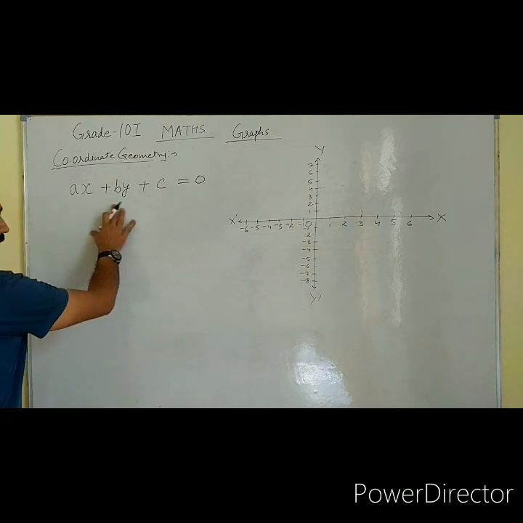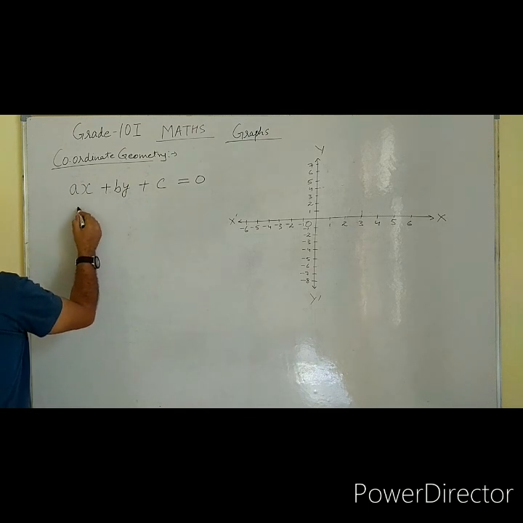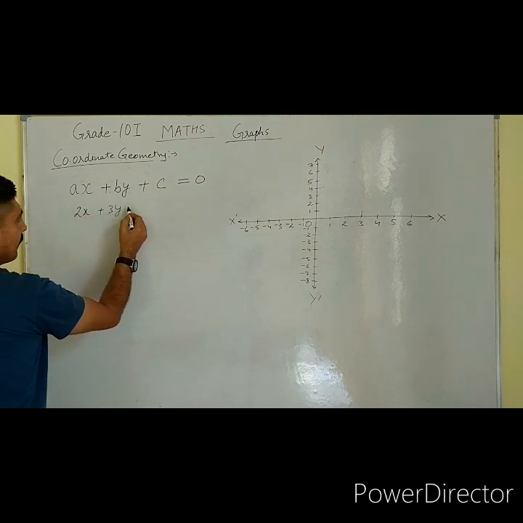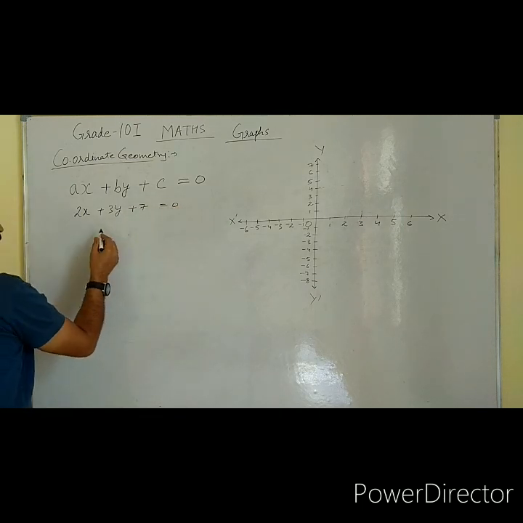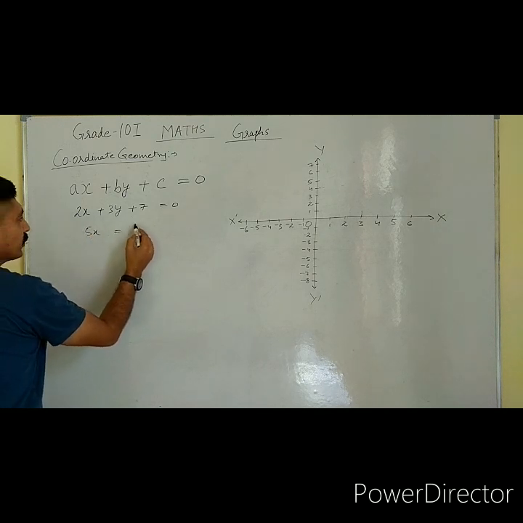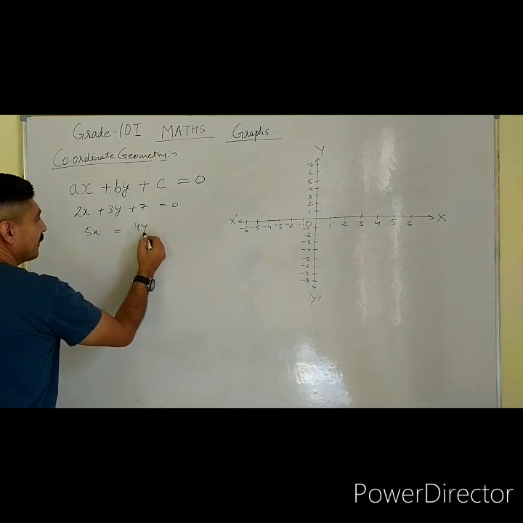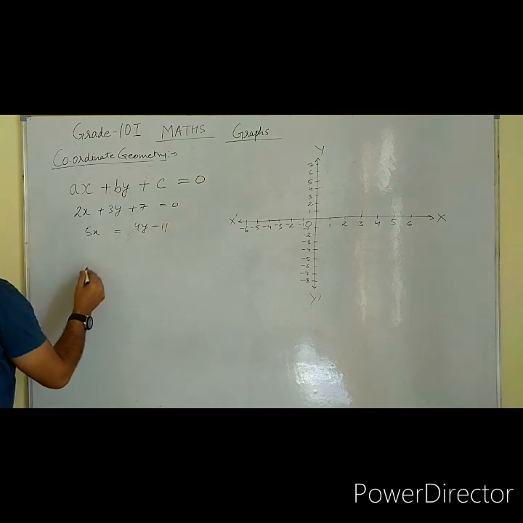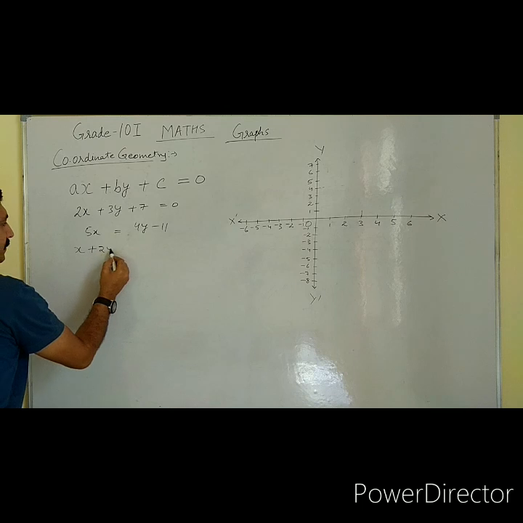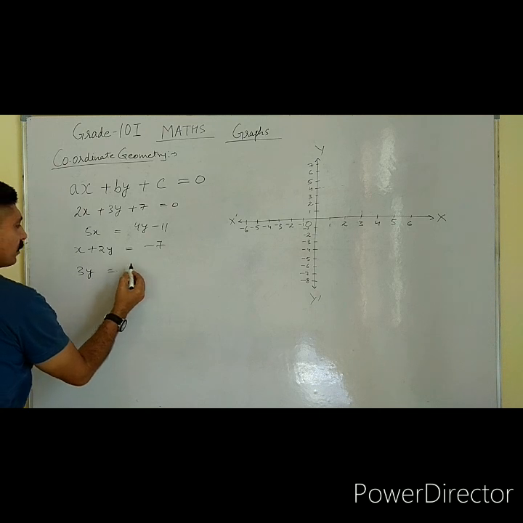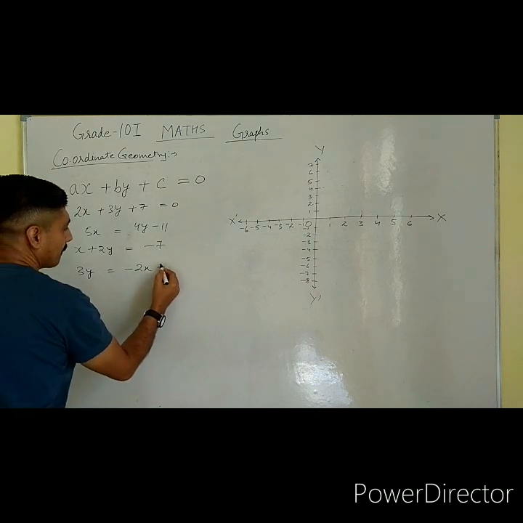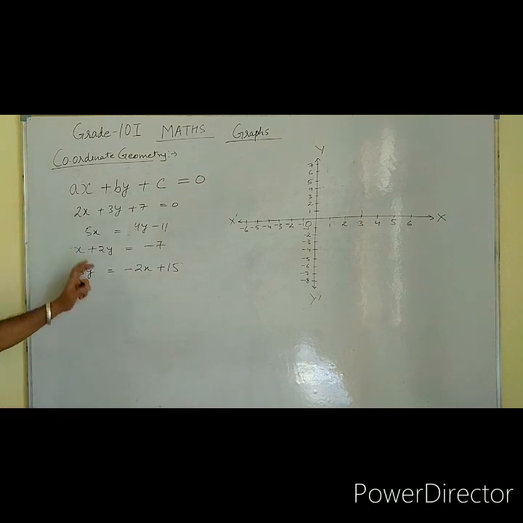So if we are taking examples, like we have 2x plus 3y plus 7 is equal to 0, or we have 5x is equal to 4y minus 11, or x plus 2y is equal to minus 7, or 3y is equal to minus of 2x plus 15. So all these equations are of the form ax plus by plus c is equal to 0.